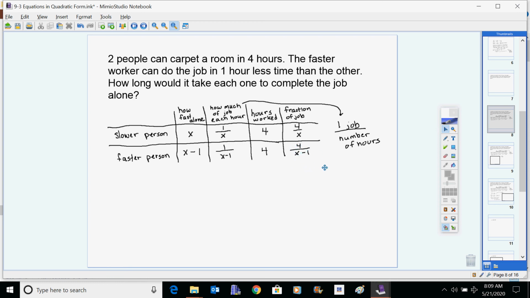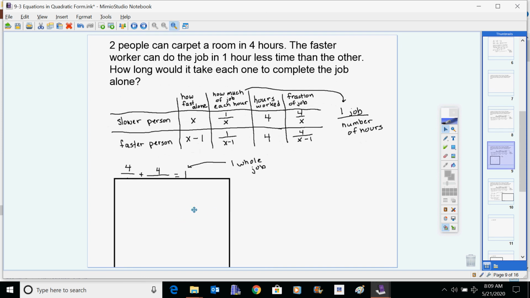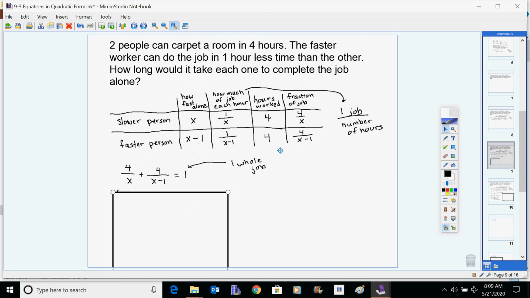This is how much of the job each person will do. Together they do one whole carpeting assignment. So if you add the fraction that this one does and the fraction that this one does, you get one job.